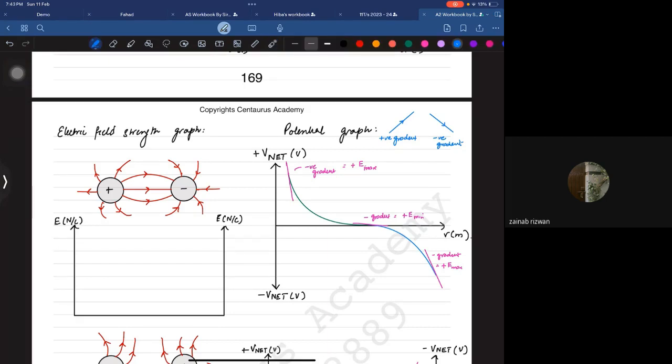And why am I calling it maximum gradient? Because as the line is more sloped, the gradient value is higher. So the magnitude is the maximum, but because it is a negative value of gradient, we'll get maximum positive electric field strength. Is that clear?